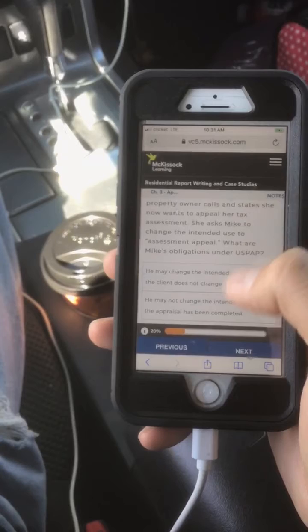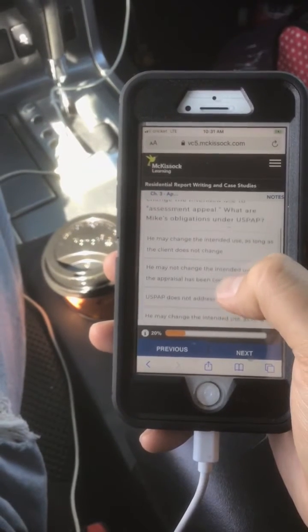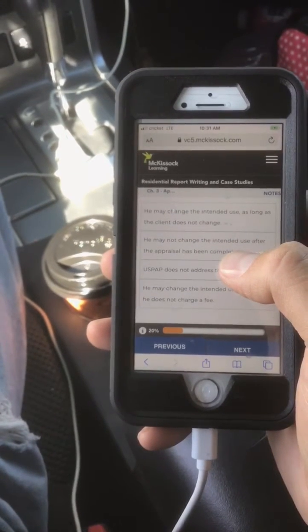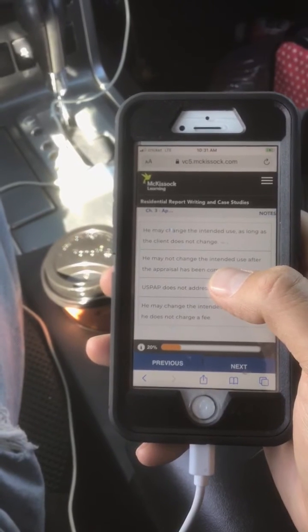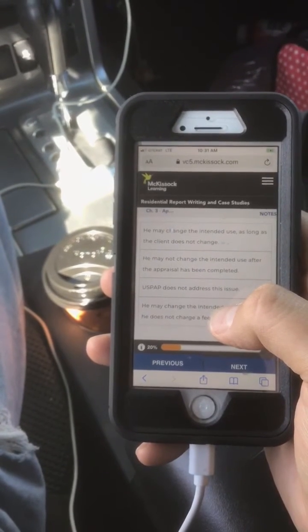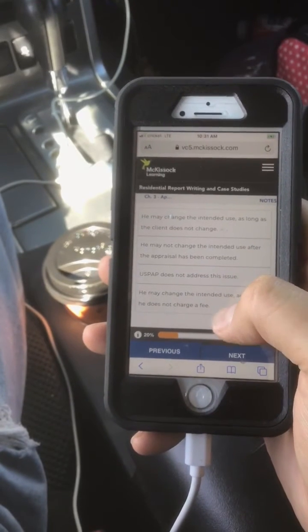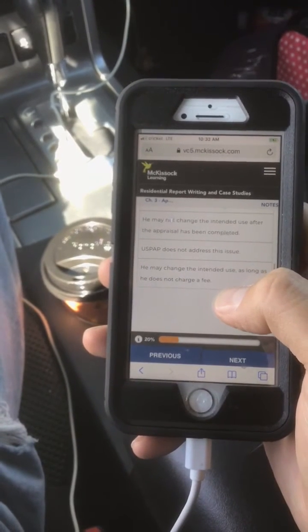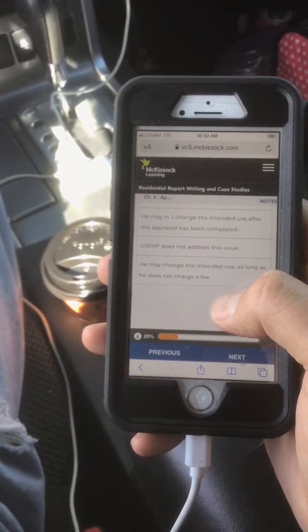A. He may change the intended use as long as the client does not change. B. He may not change the intended use after the appraisal has been completed. C. USPAP does not address this issue.